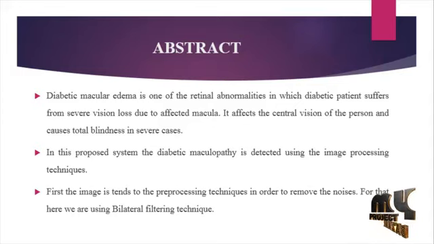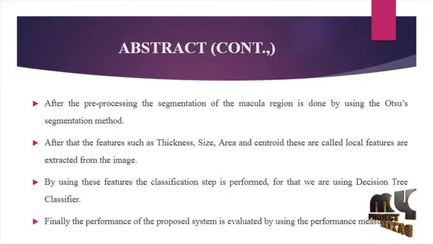In this proposed system, the diabetic maculopathy is detected using image processing techniques. First, the image is sent to pre-processing techniques in order to remove the noises. For that, we use bilateral filtering technique. After the pre-processing, the segmentation of the macular region is done by using the odd-surf segmentation method.